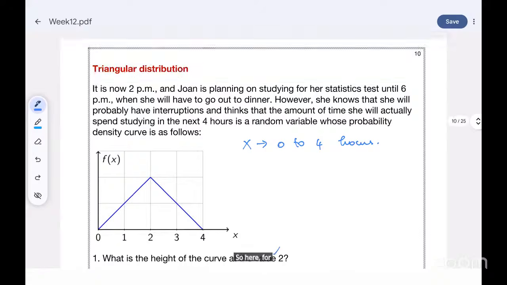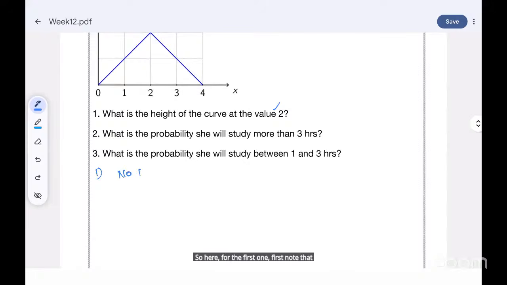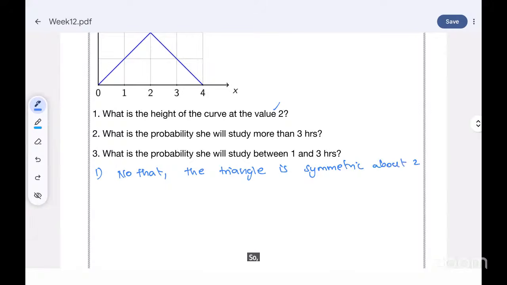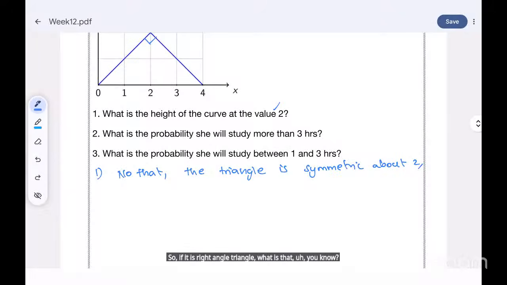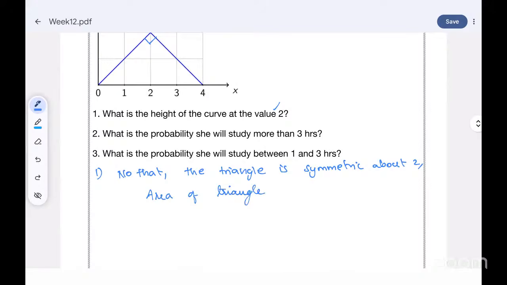Here, first note that the triangle is symmetric about 2. Which means here we have a right angle, right? If it is a right angle triangle, about the area, the area of triangle is half into base into height, BH, right?